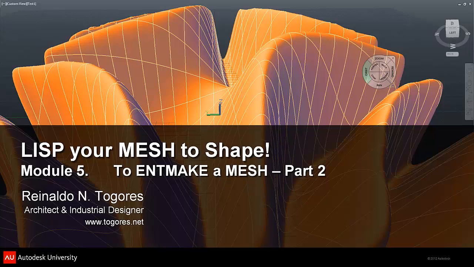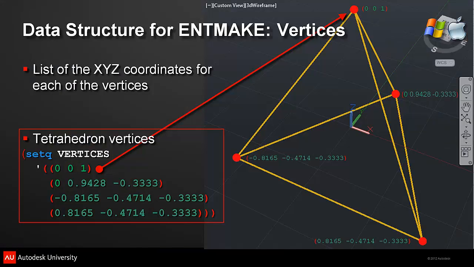We shall now study a data structure designed to be used as argument for mesh creating functions based on the entMake AutoLISP function. This data structure will be made up from three lists: vertices, faces, and edges, which will be the three arguments for a mesh making function. The vertices list will contain the coordinates for each vertex.